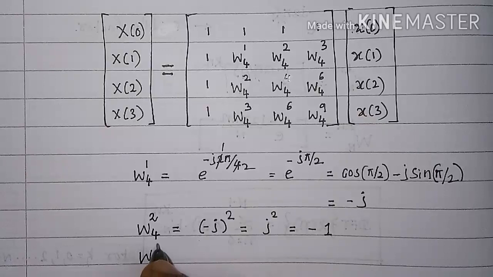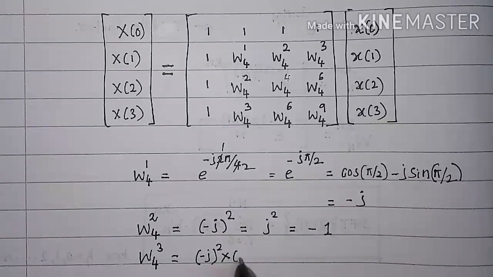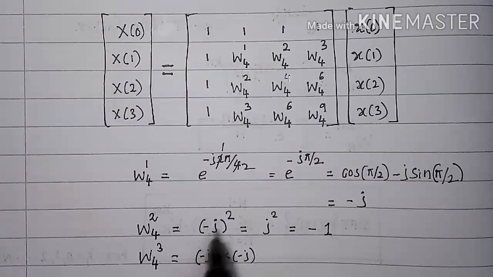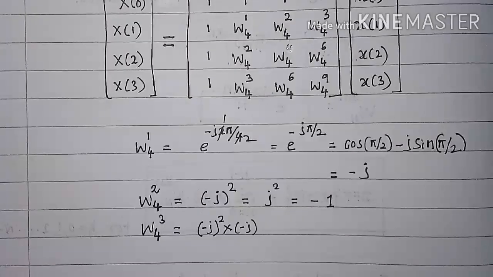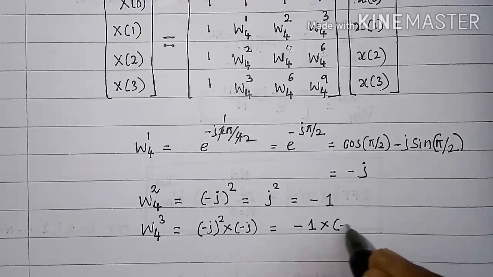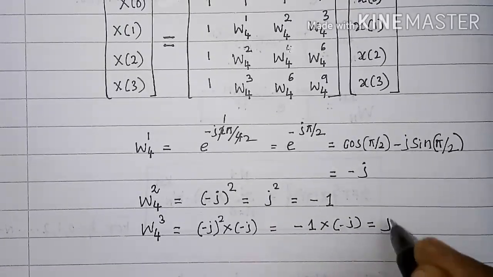W4 raised to 3 is minus j square into minus j, that means minus 1 into minus j, that is nothing but plus j.